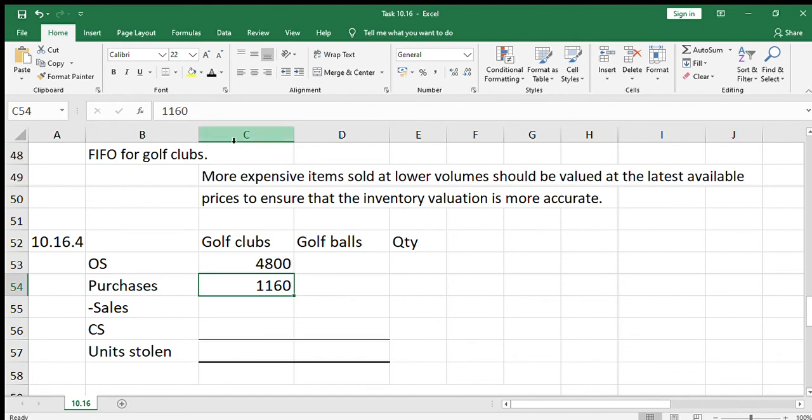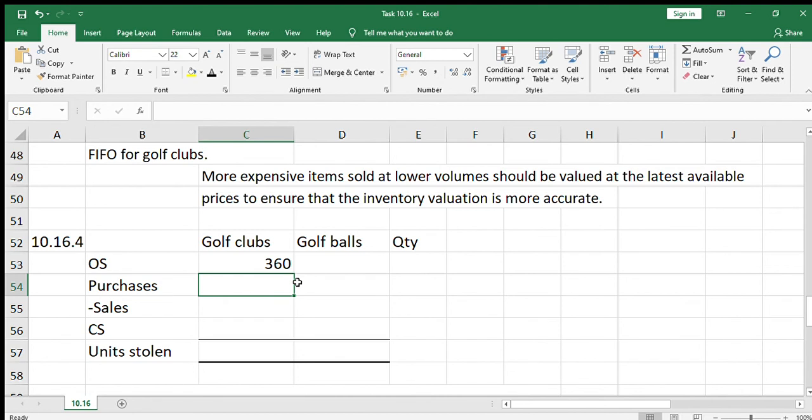I messed up the calculations here, sorry. Just do this again, right? Okay, golf clubs, opening stock, 360 units.